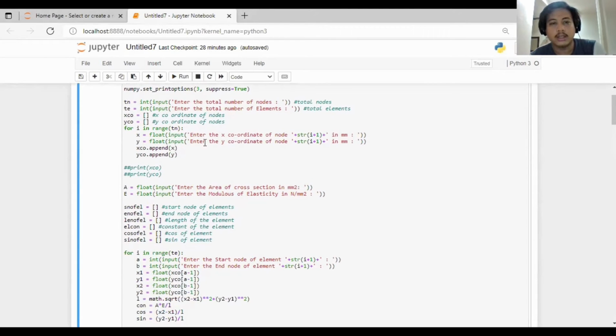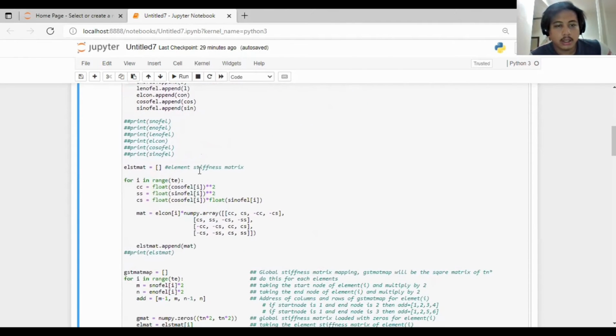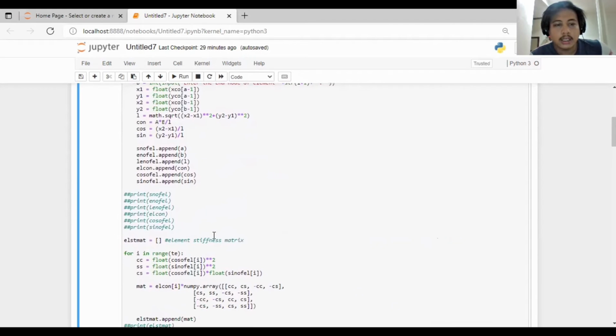After that, enter the x and y coordinates of the nodes, and after that enter the area of cross sections in square millimeters and enter the modulus of elasticity in Newton per square millimeter. After that, we will get the element stiffness matrix.